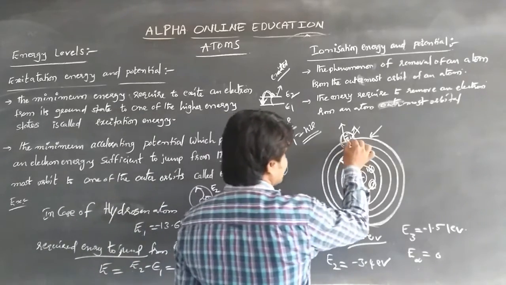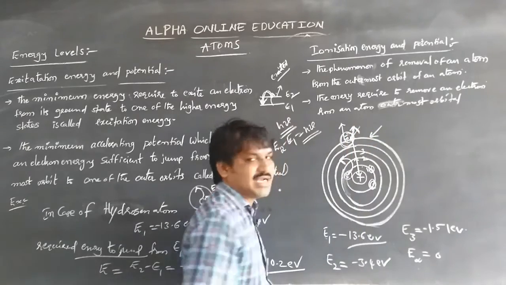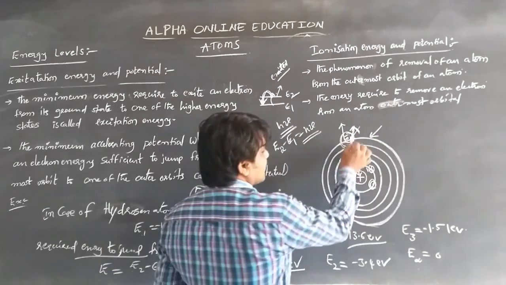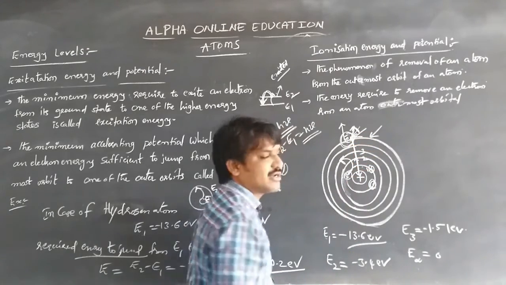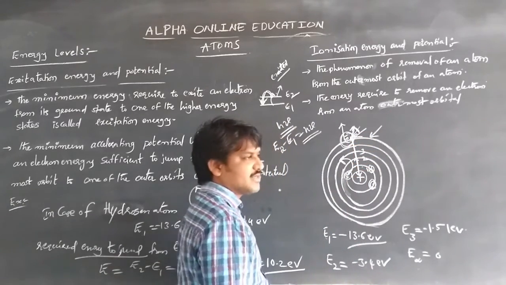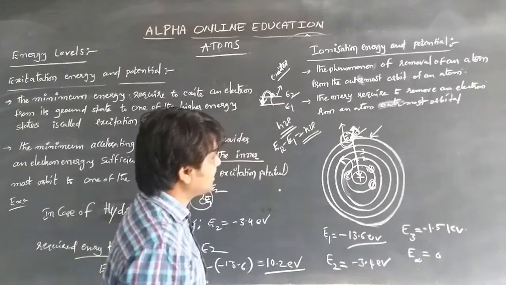If we give more energy than the net electrostatic force, the electron is excited and removed from the atom.